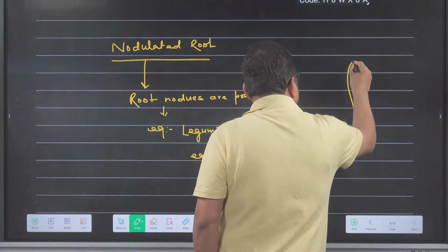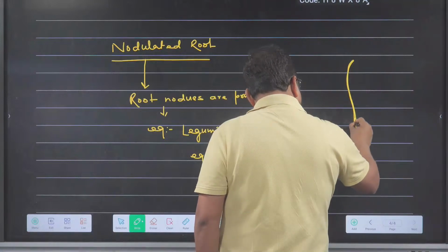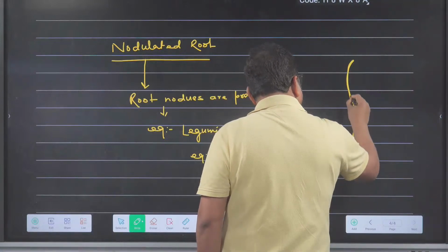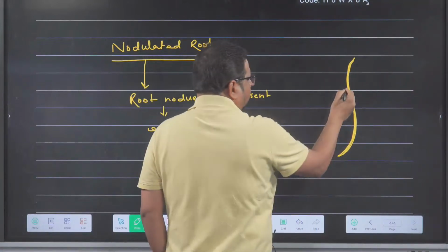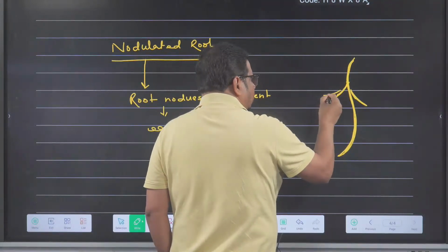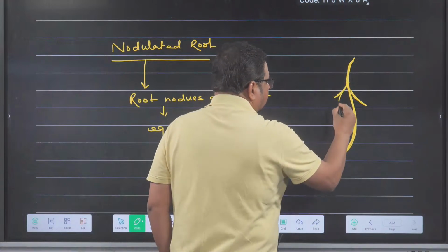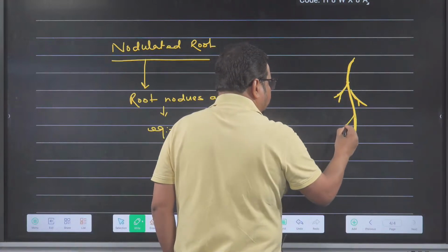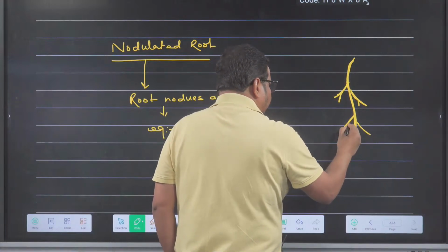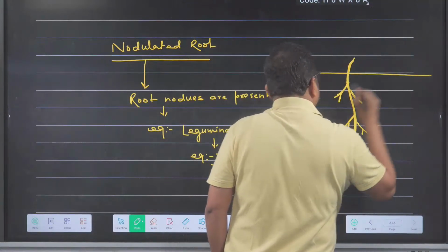You know better. So this is the primary root. This is the primary root. These are the lateral roots, or secondary or tertiary roots, you can say. And here is the surface of the soil.